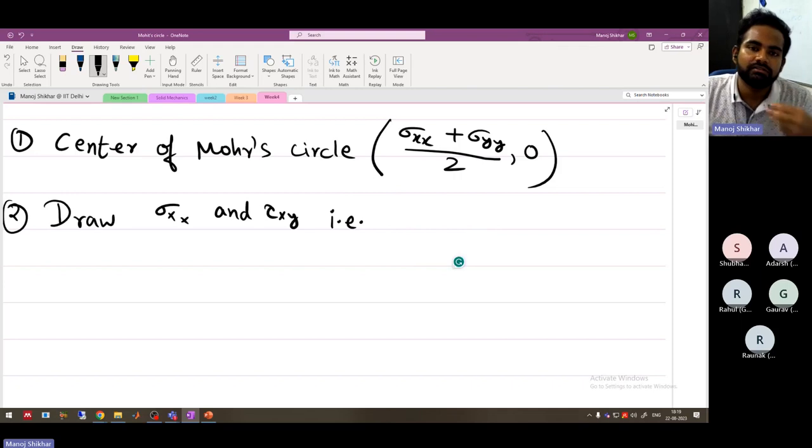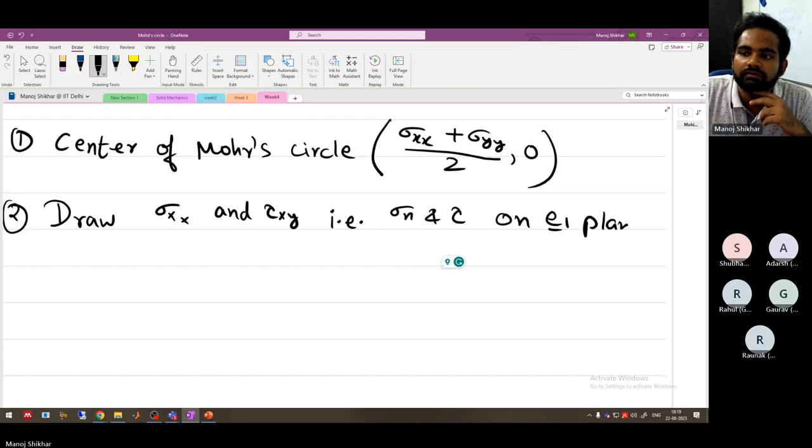Tau xy is shear stress on E1 plane. It is sigma n and tau on E1 plane. Okay.